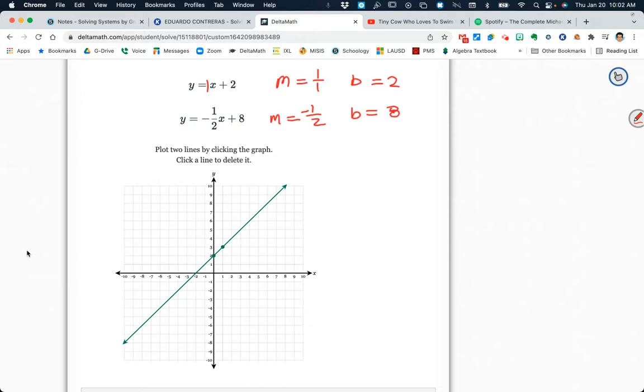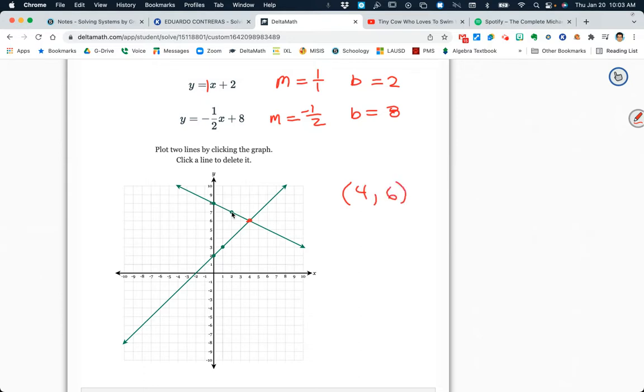Second line, the slope is -1/2, and the y-intercept is 8. So that means our first point on the y-axis is at 8, and it's -1/2, so we go down 1 to the right 2. And this is our point of intersection, which is 4, 6.